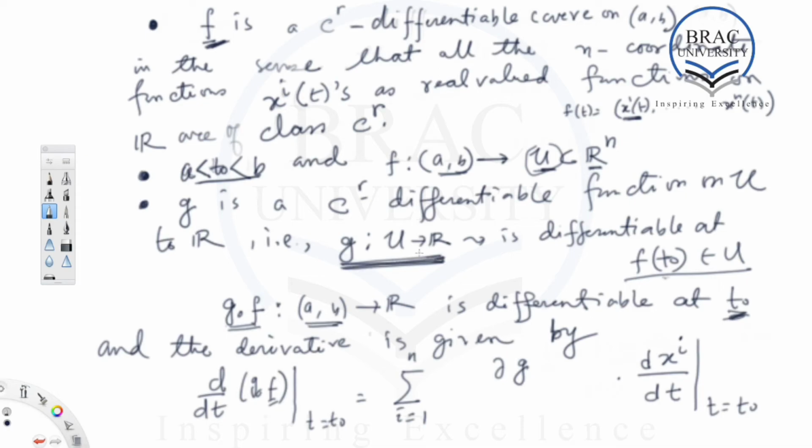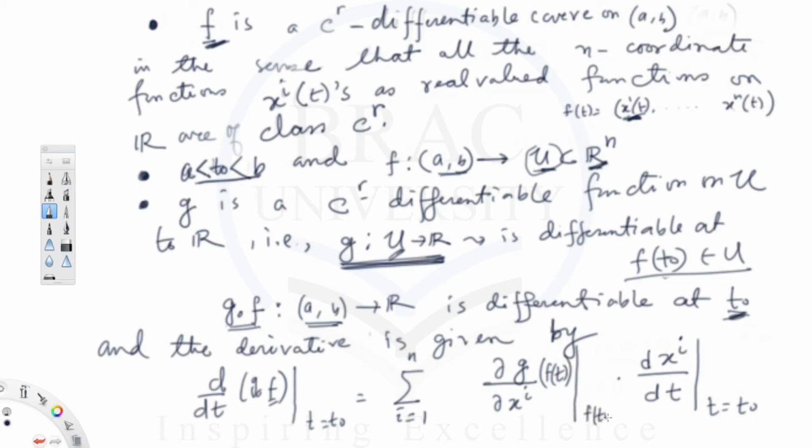Since g is a function from U, a subset of R^n, there are n coordinates involved, the xi's. So we take the partial derivative of g with respect to these xi's and evaluate this at f(t0). So this is the chain rule.